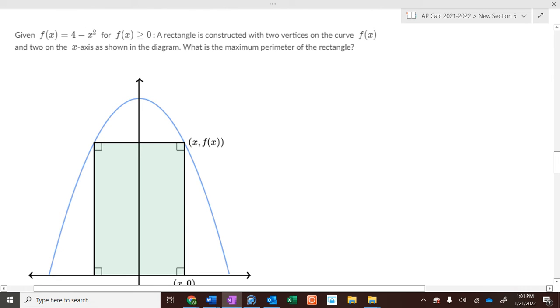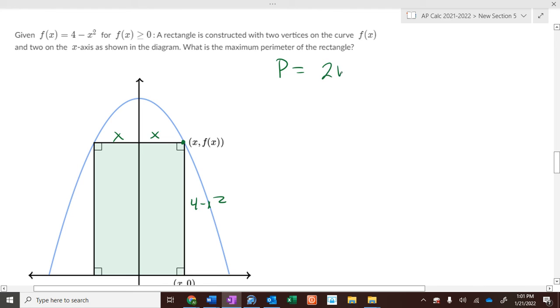What's the biggest perimeter I can have on that rectangle? Well, how do you find the perimeter of, well, here's a rectangle. This point is x, f of x. What's the length of the base of the rectangle? 2x, because there's x here and x here. What's the height of it? F of x, which is 4 minus x squared. How do you find the perimeter?